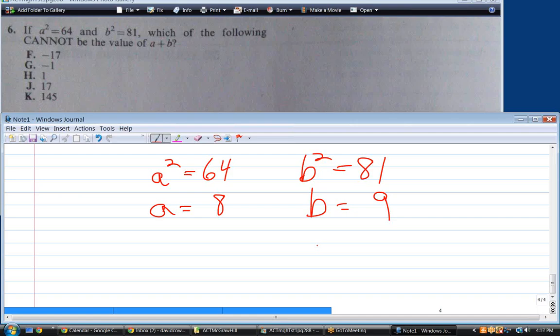So which answer is correct? F, G, H, and K. Would it be K? Like I said, according to the math we just did, it's F, G, H, or K. In other words, you got A plus B equal to 17. So that can't be right, that can't be right, that can't be right, and that can't be right.